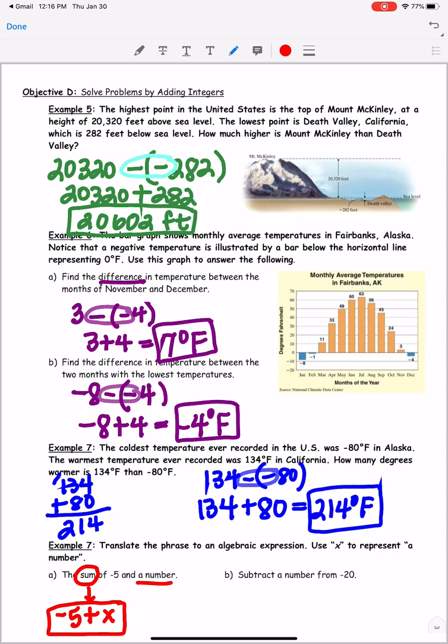Subtract a number from 20. You have that key word of from, so this is where we are starting. So I've got -20, we're subtracting, and we're subtracting a number, and we're calling a number x.